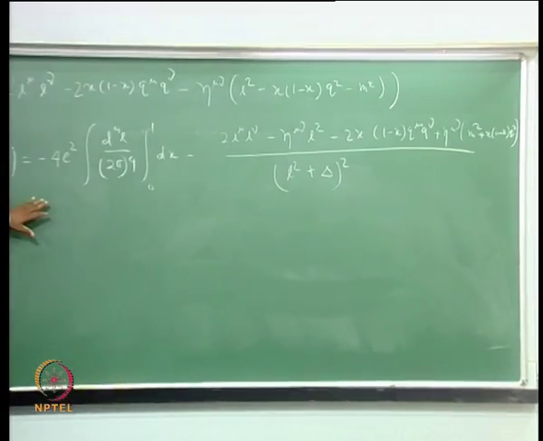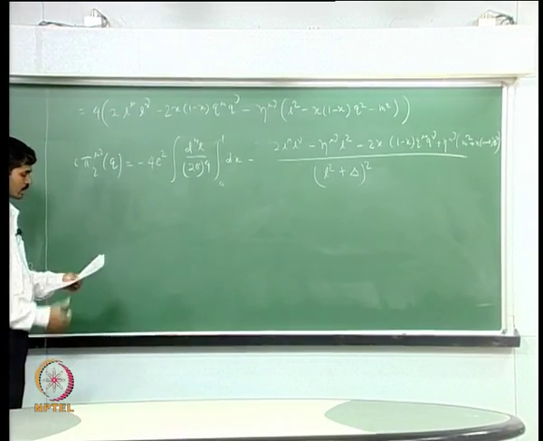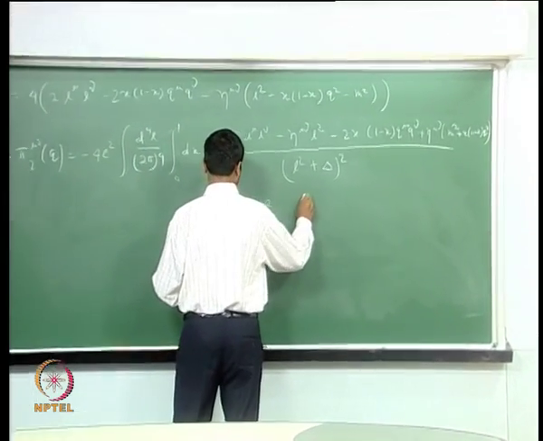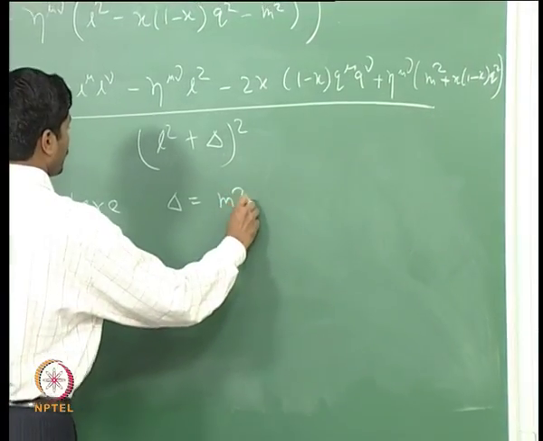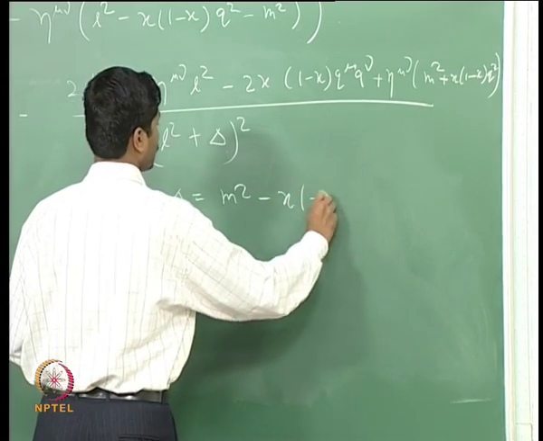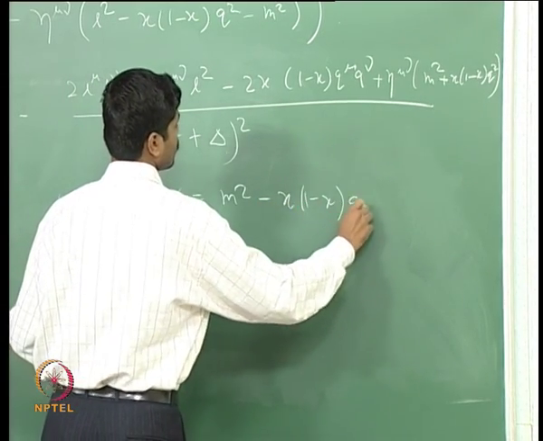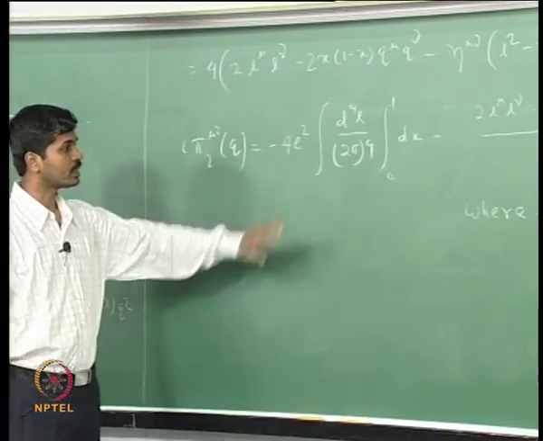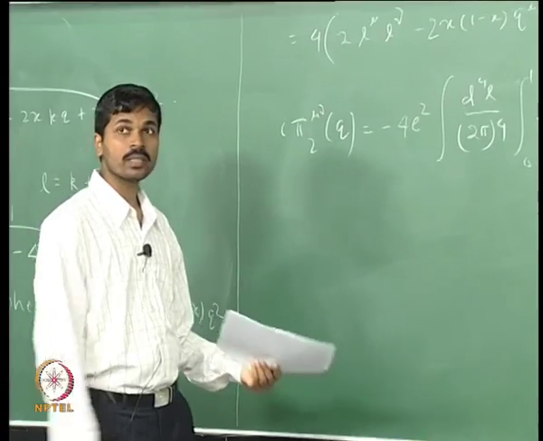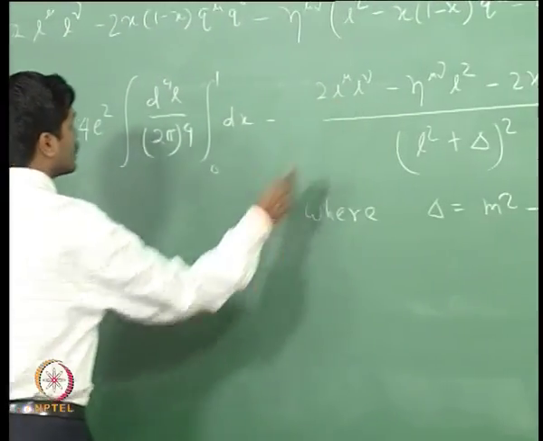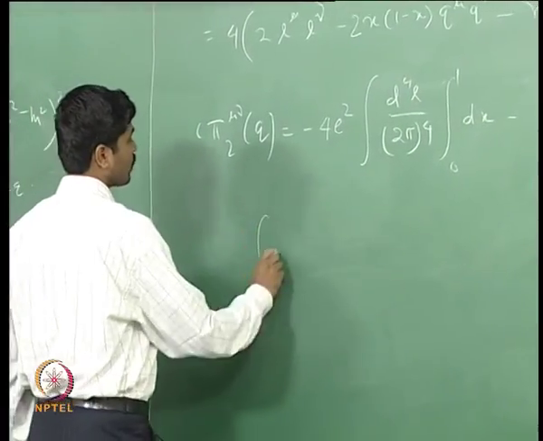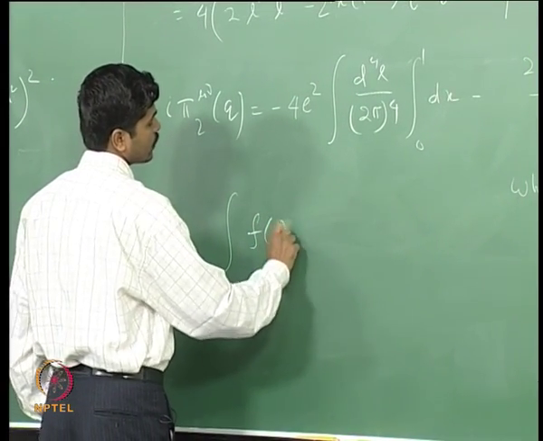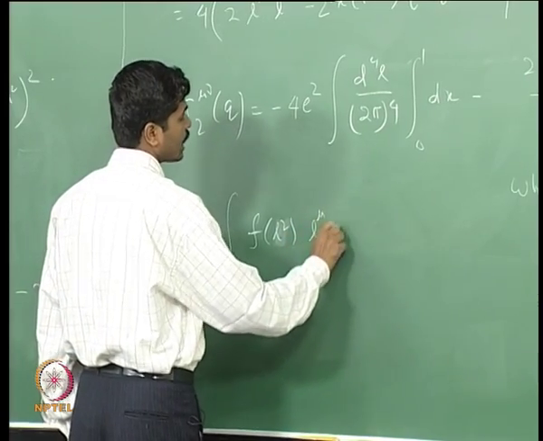We need to evaluate this integration here, where delta is given by m square minus x into 1 minus x q square. This is what we will evaluate. We can further simplify this term here. Remember, suppose you have some f of L square, some function of L square, times L mu L nu.